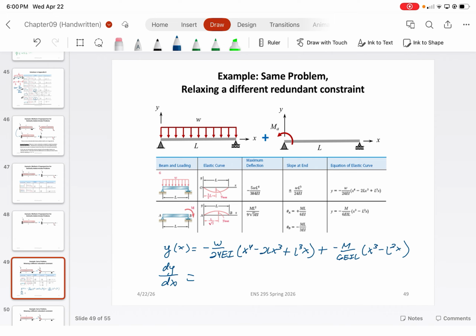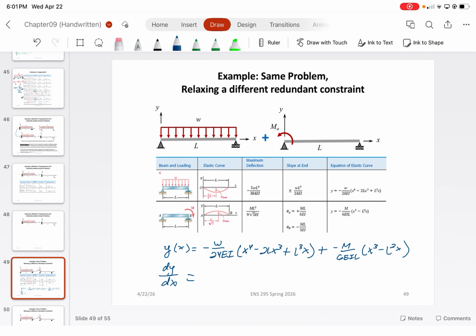The reason is that if we're considering the fixed moment at this point here, remember, what's the rotation at a fixed end? It's 0. So we know that the slope at that point has to be 0. So we can differentiate the deflection equations to get the slope equation.